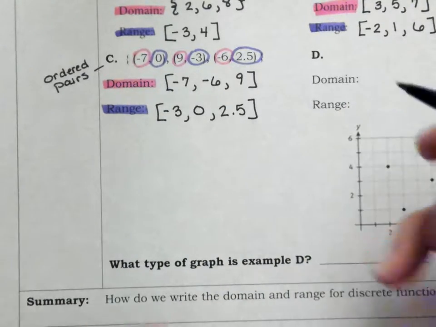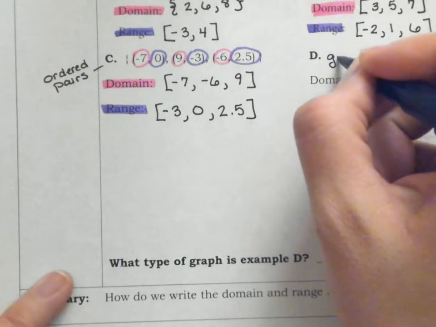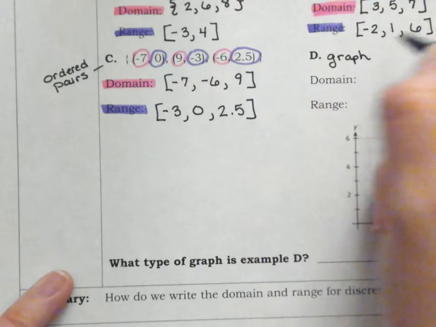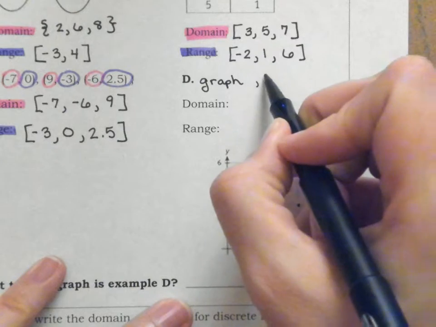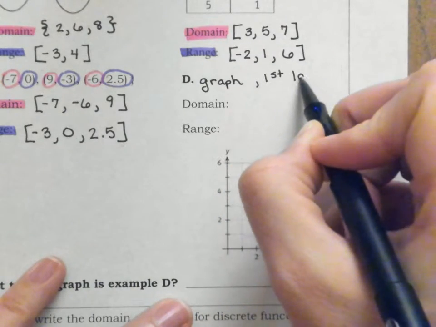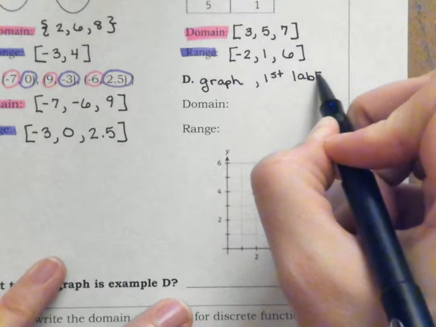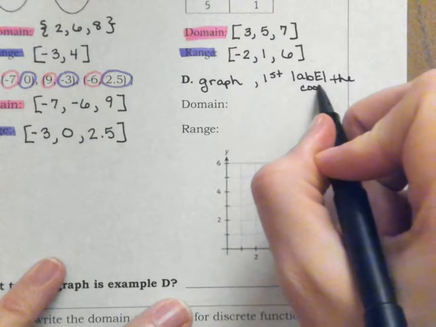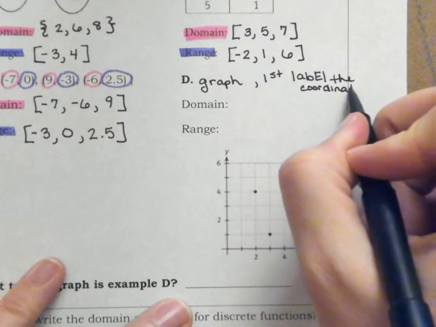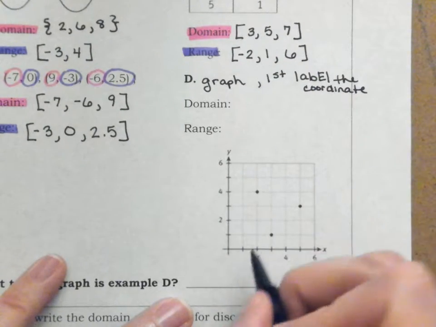Okay. On letter D, we have a graph. But before we can list domain and range, we have to first label the coordinates, which just means list the ordered pair that represents that point.